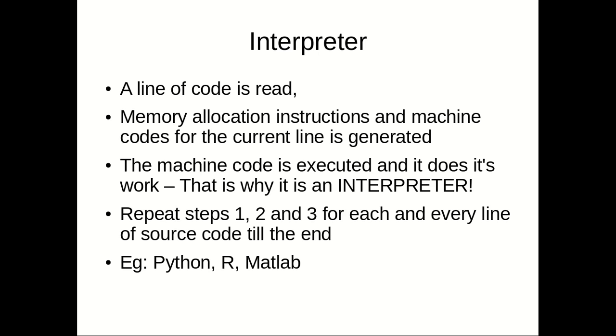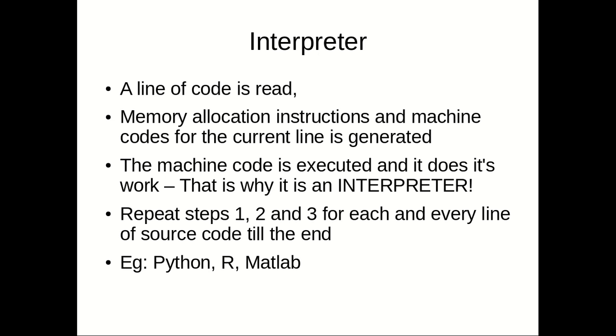First it reads line 1, creates machine code and memory allocations for that line, and then that code is executed immediately and does some work. Then that line is taken off, that line goes away, and the second line is read.